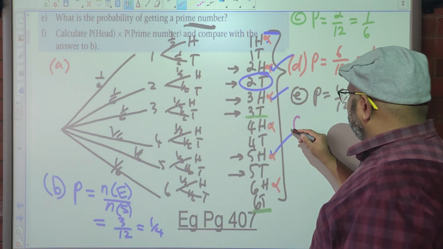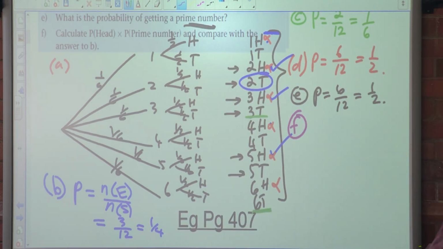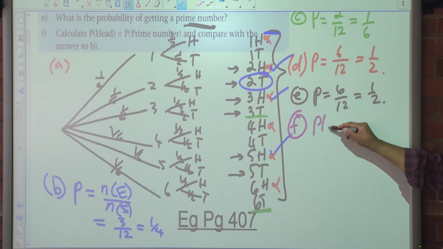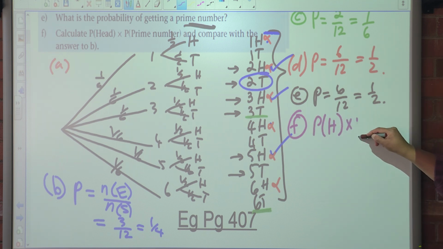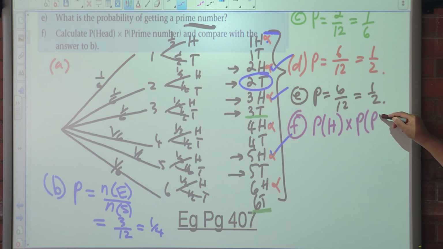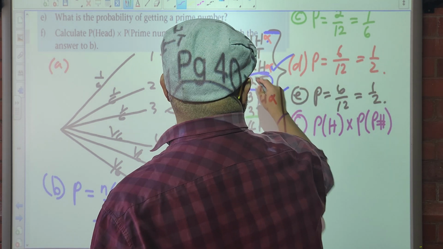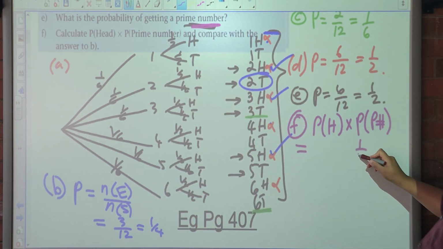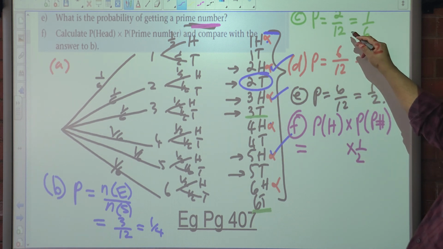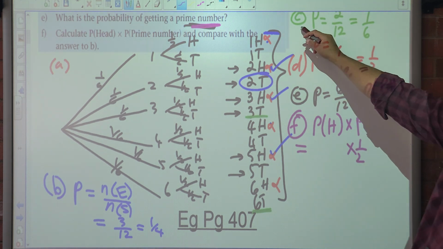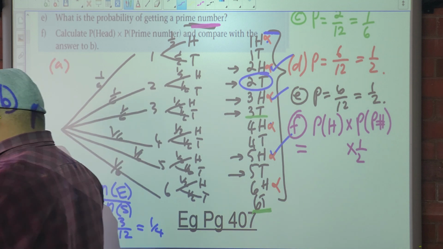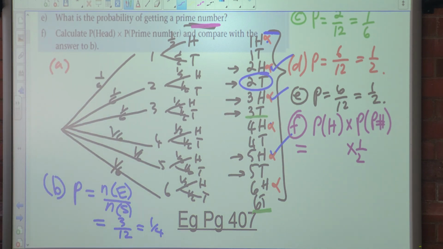D, E, F. Calculate the probability of heads times the probability of a prime number. We've worked out the probability of a prime number.